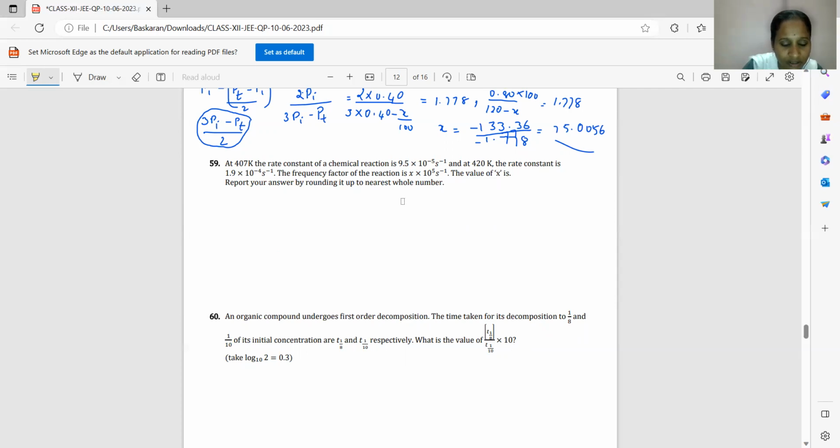So let us define it. Once again, we will start with the Arrhenius equation. K1 and K2 values are being given. So if K1 and K2 values are given, we know the formula, so directly write the formula.